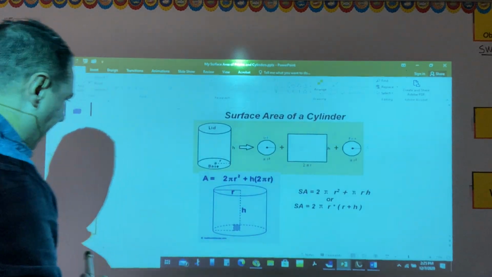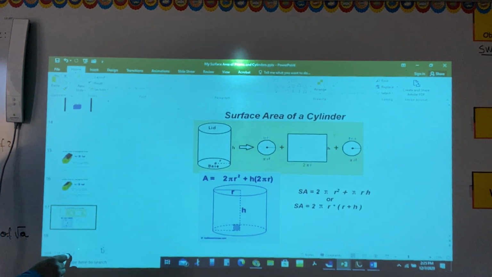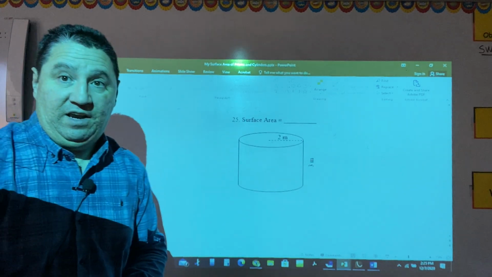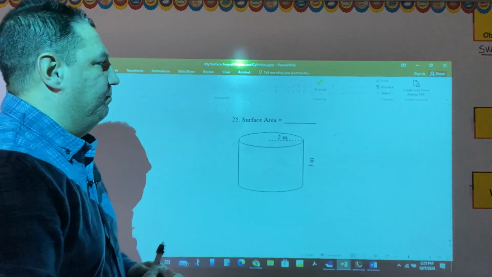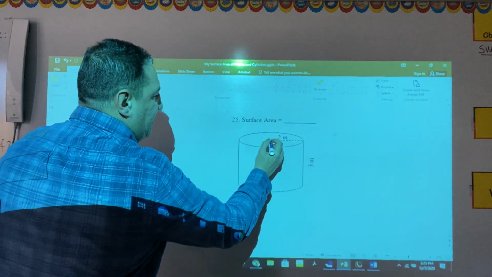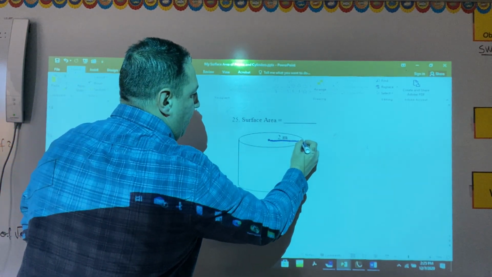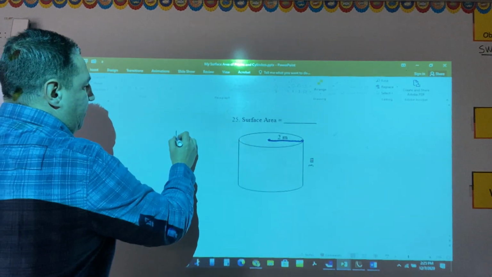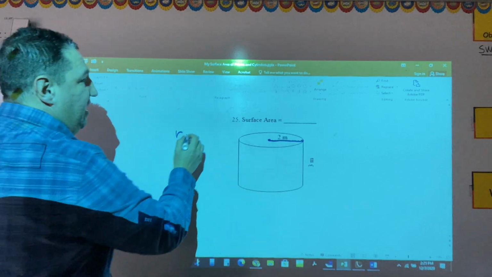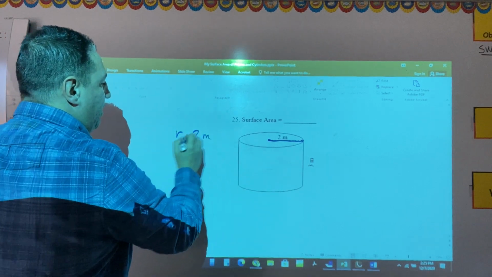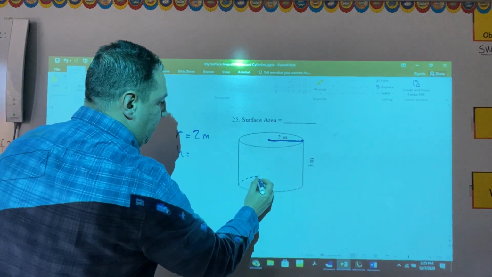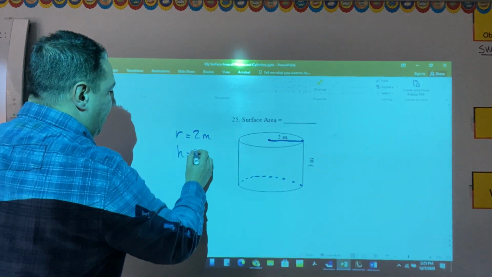Good. Let's have an example with finding the surface area of a cylinder. Now, in this case, as we can see, r, which is the radius of the base, is 2 meters. H, which is the distance between bases, right, is 3 meters.